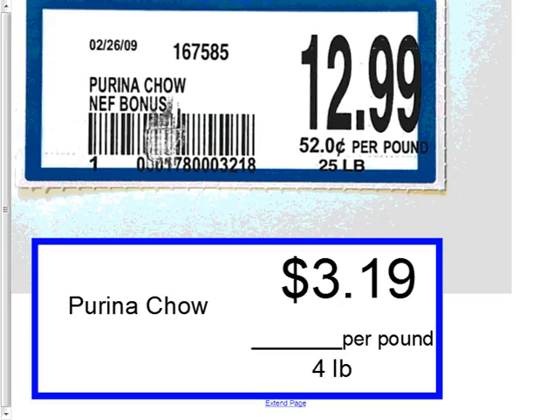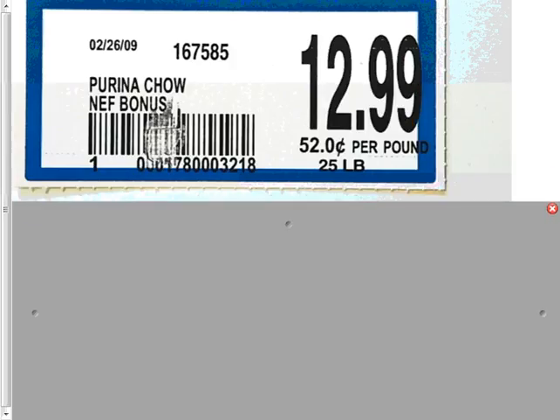This is an example of what you might see in a grocery store that helps you to compare unit prices. I can look at this tag that's up here at the top, and there are some interesting pieces of information. This $12.99 is the total cost.